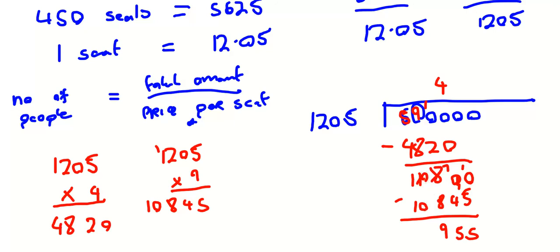So 955 there, okay? Borrow the 0, 9,950. So that went in 9 times. No bother. Okay. So let's figure out what else we could have done here. So 9,950.